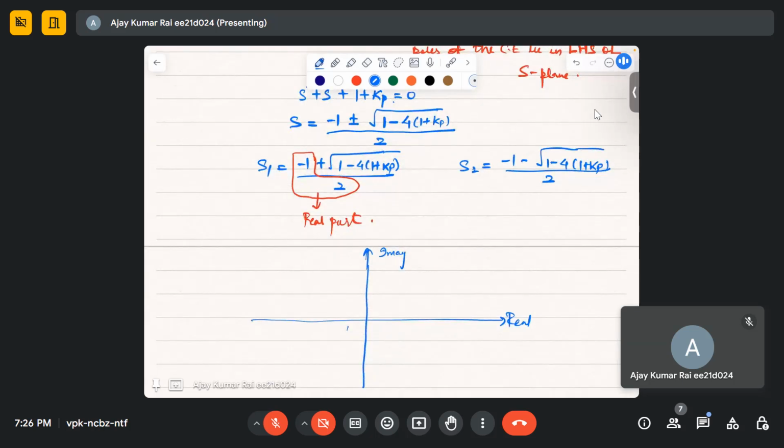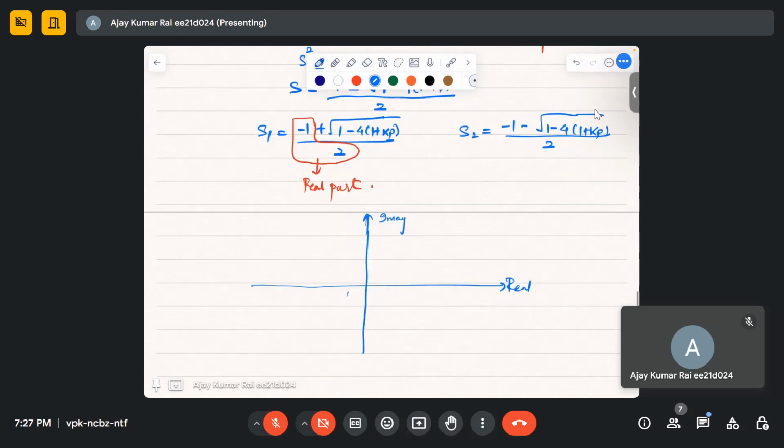The second part can be imaginary or it can be real, right? So we have to see for what value of Kp the roots lie in the left hand side.